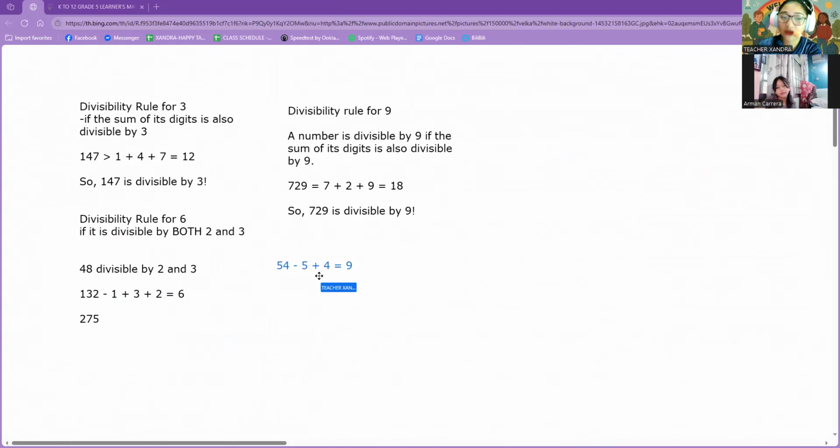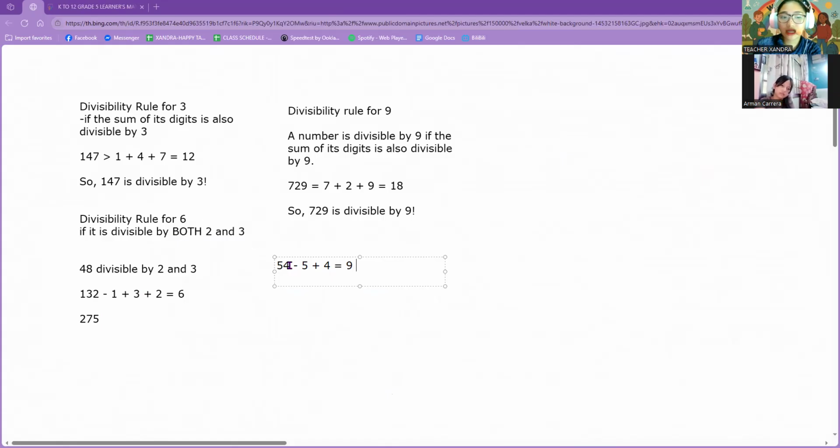If it is even, automatically it is divisible by 2. So 54 is divisible by 3. How about 6? Is 54 divisible by 6? Yes, since it is divisible by both 2 and 3.